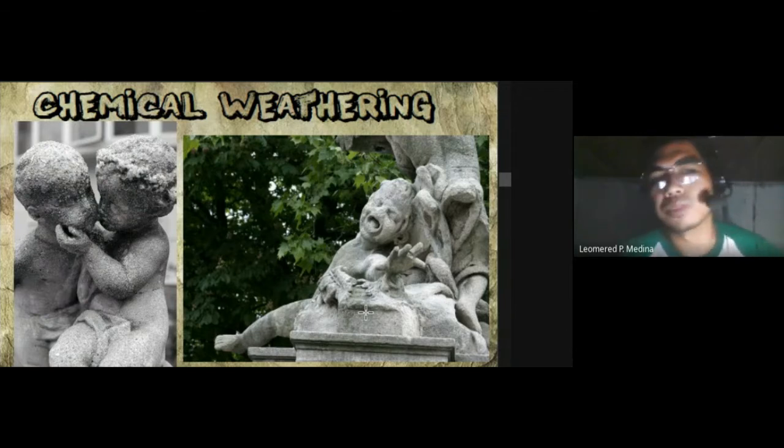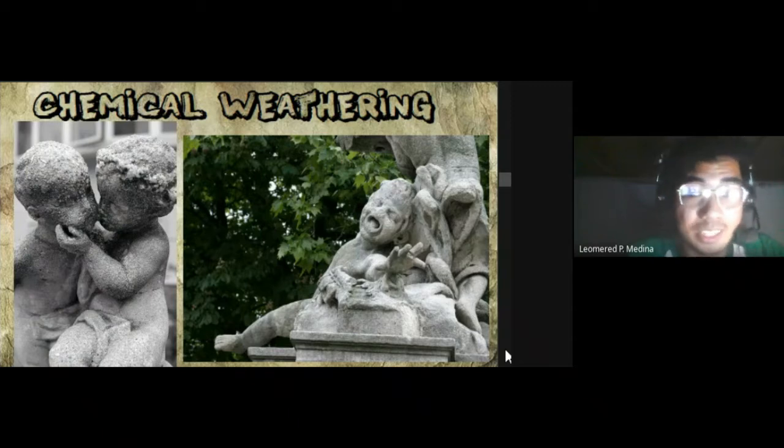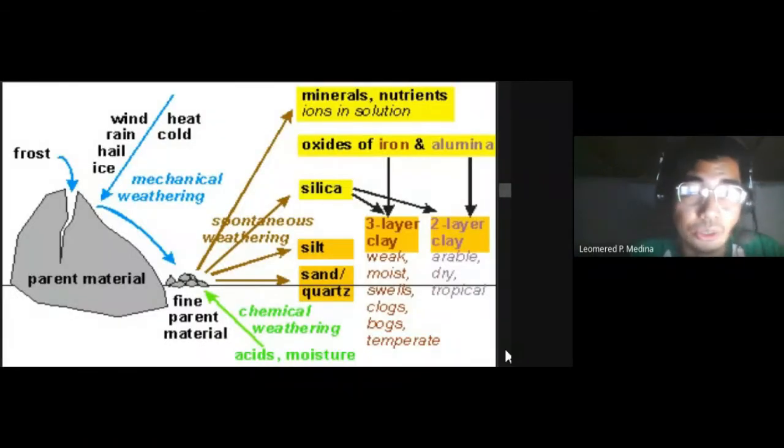Okay, so whenever we are talking about weathering, there are basically three types of weathering: mechanical, biological, and chemical weathering. So other things that we can actually observe in the process of weathering, once again, because of the presence of different types of weathered materials, is that spontaneous weathering could also happen, which will actually be the reason for the creation of soil.